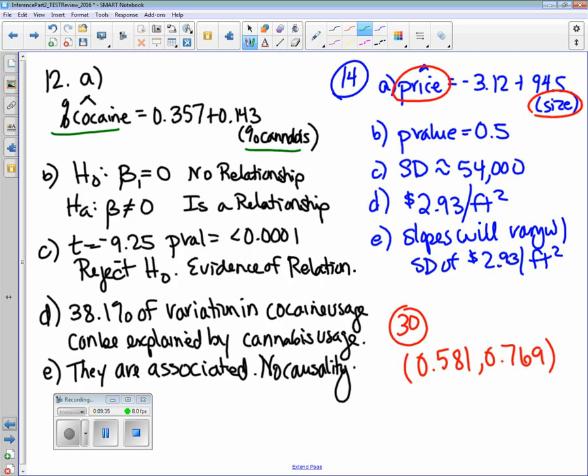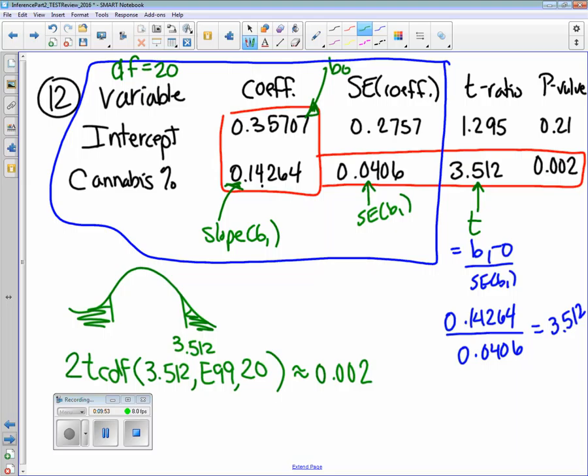It's kind of like, is there a progression to go to harder drugs? I guess that's kind of what, is there a relationship between those two things? And so that is in context. Notice where these numbers came from. 0.357 and 0.153 should have come from the printout, and they did. Okay, so that's where they came from.